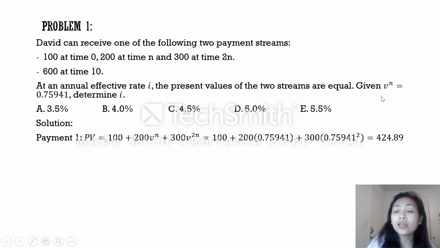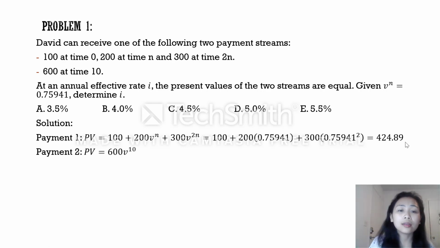And because v to the n is given as 0.75941, the present value of the first payment is 100 plus 200 times 0.75941 plus 300 times 0.75941 squared, and that's equal to $424.89.